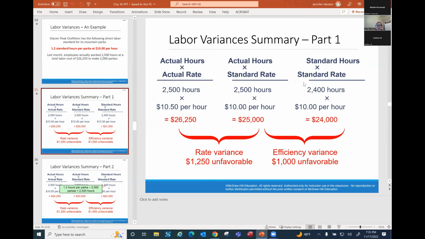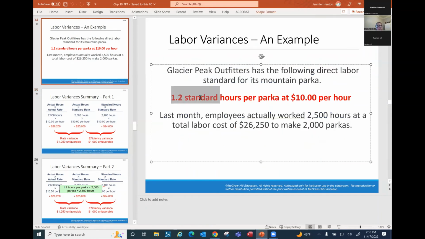Okay, and then we're going to look at our hours. So we're using our standard rate of $10 for both. And we're going to take our actual hours, which was given to us at 2,500. And the standard hours is 2,400. So we made 2,000 Parkers. So we're going to take 2,000 Parkers and multiply it by our 1.2 standard hours.